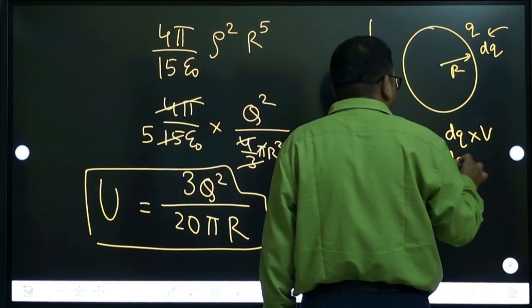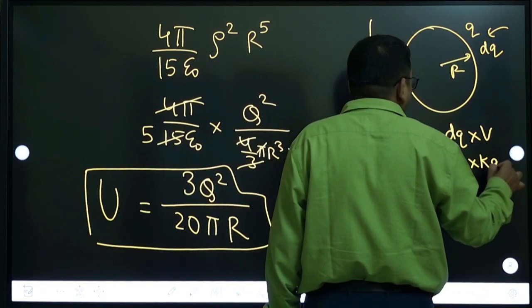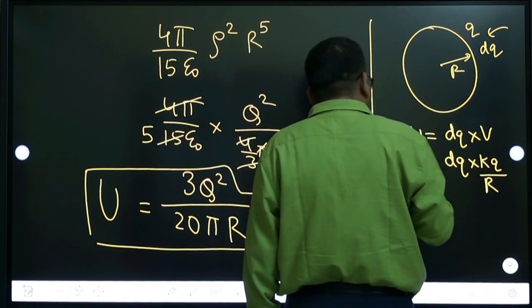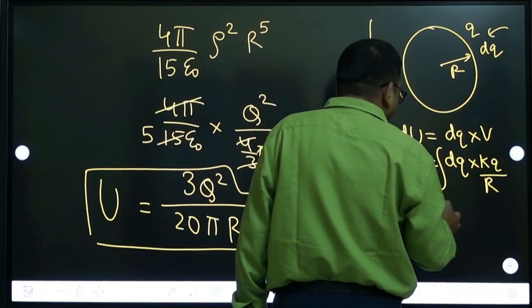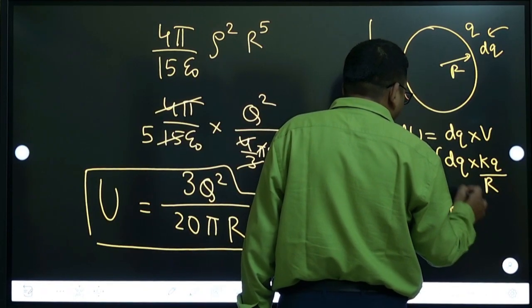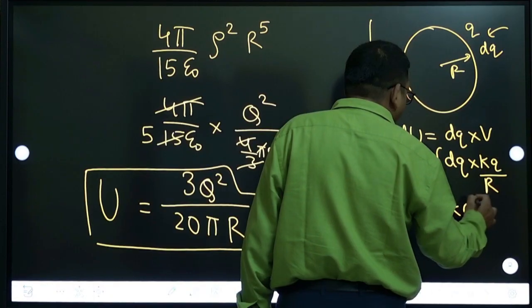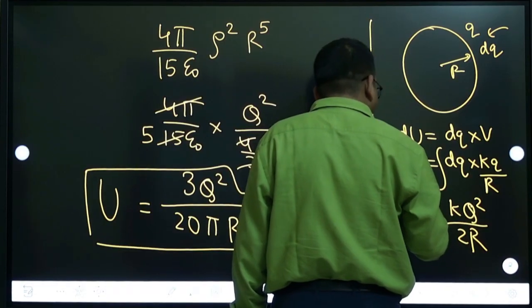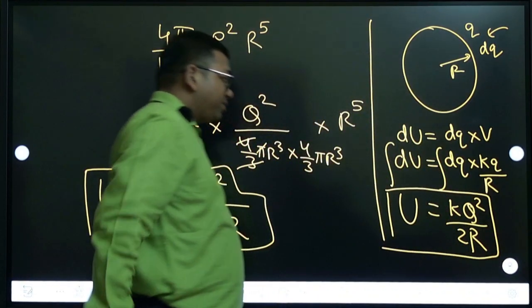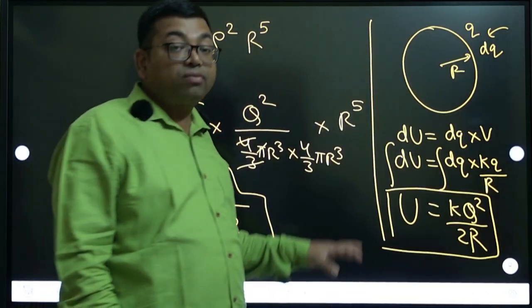So potential formula is k q by radius r. This integration is quite easy, right? Here it is quite easy because k q, and 0 to capital Q you will go. So q square by 2r. Very good. 3 steps you have got it. Very nice. That is the self potential energy of a cell.